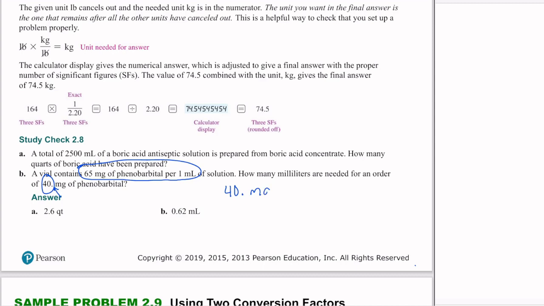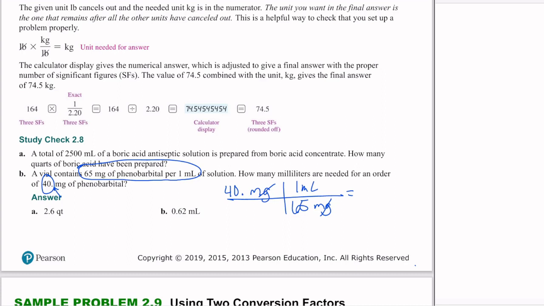We want 40 milligrams of phenobarbital, and we know the solution contains 65 milligrams per milliliter. Now milligrams cancels and we're left with milliliters.